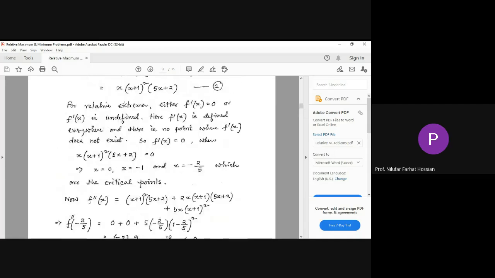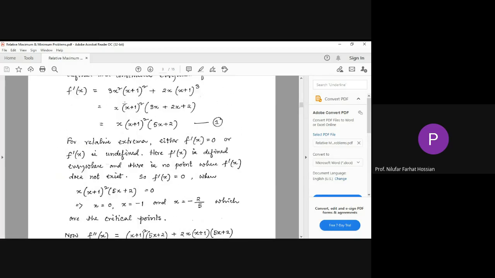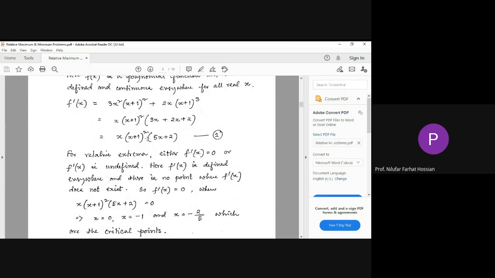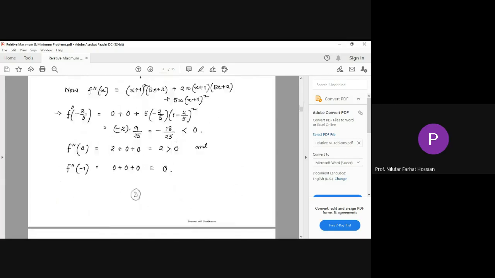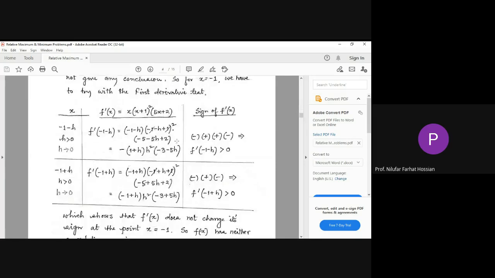What was our f prime x? This was our f prime x: x into x plus 1 whole square into 5x plus 2. So write down this expression for f prime x, and for this point let us put x equal to minus 1 minus h. So this is minus 1 minus h, here minus 1 minus h plus 1, and here it will be minus 5 minus 5h plus 2.